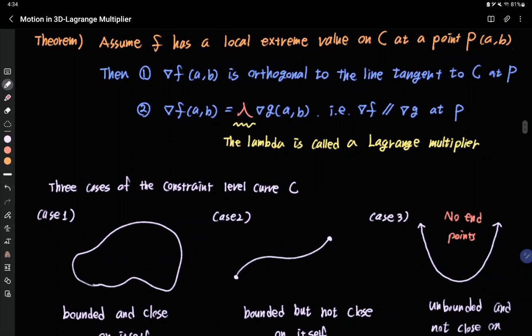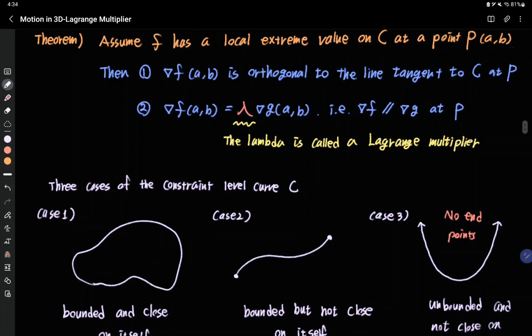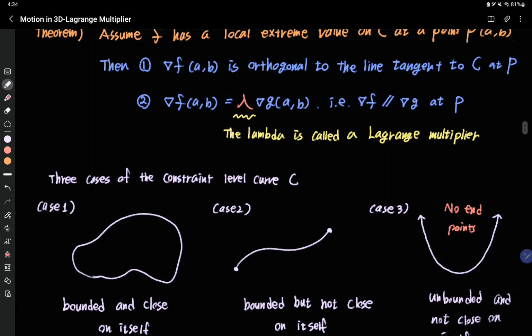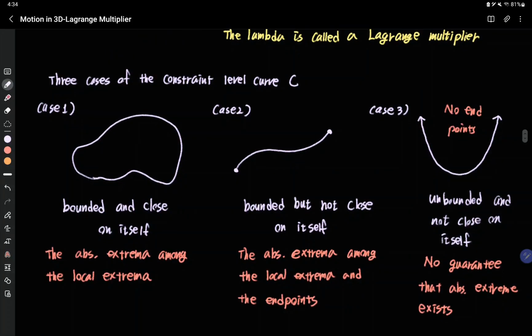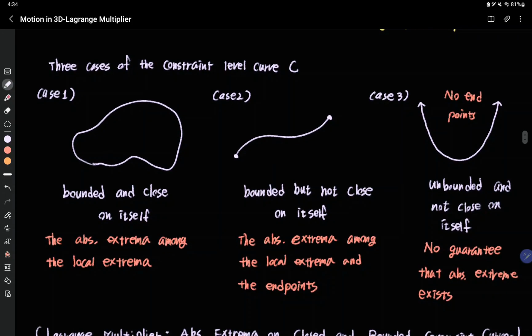So we're going to look at an example, but before doing that, we can classify the type of the constraint level curve C. We can think about three cases. Case one is the curve C is bounded and closed on itself.